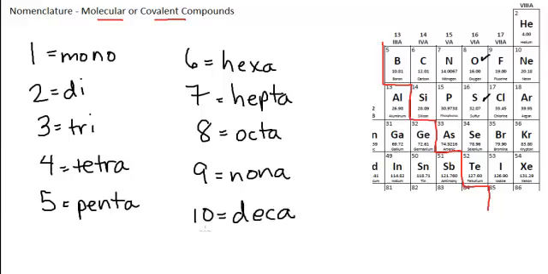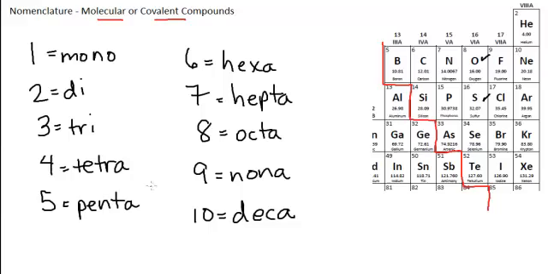There are prefixes for numbers higher than this, but at this point in our lives, these will do us. These are the prefixes I always use on the second element. I will use these prefixes on the first element listed if it's more than one. Remember to change the name of the second element so that the ending is "ide."